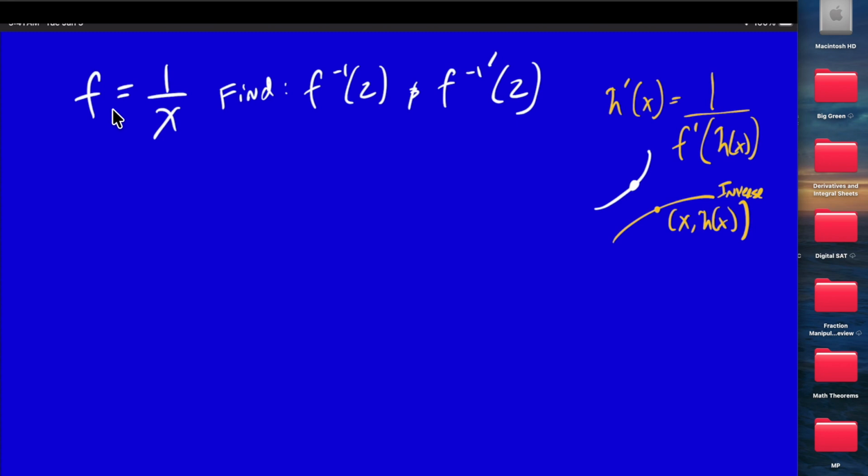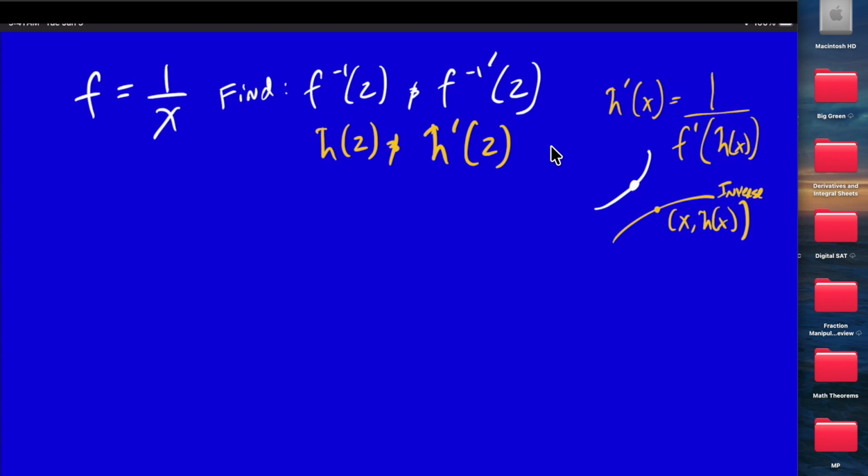Next, we are given this function, f equals 1 over x, and we're asked to find f inverse of 2 and f inverse prime of 2, the derivative of the inverse at 2. So I'm going to rewrite this as h of 2 and h prime of 2, knowing that h is the inverse of f.